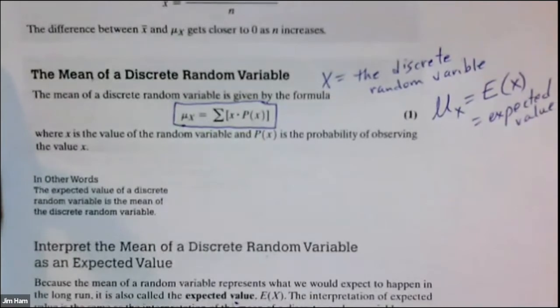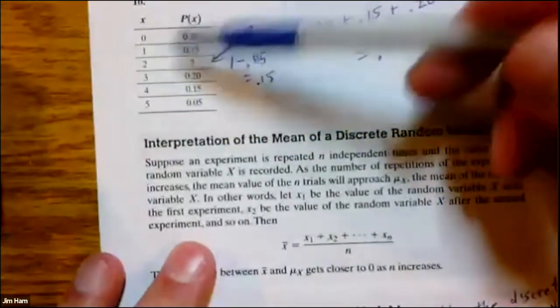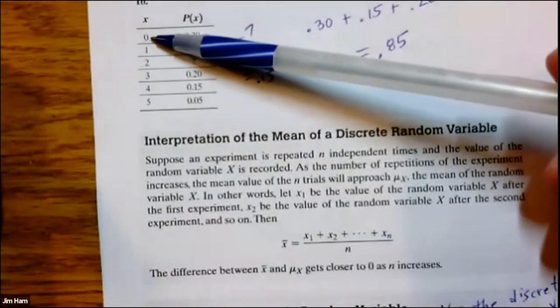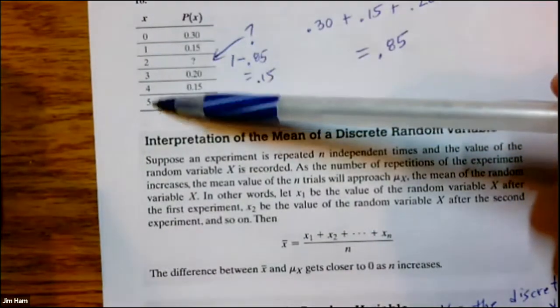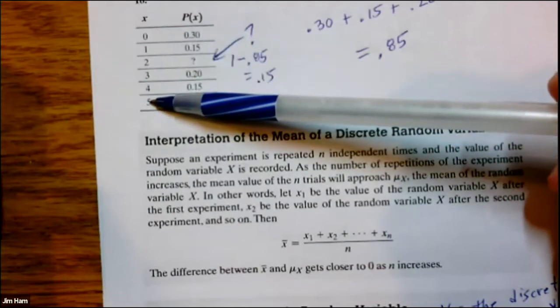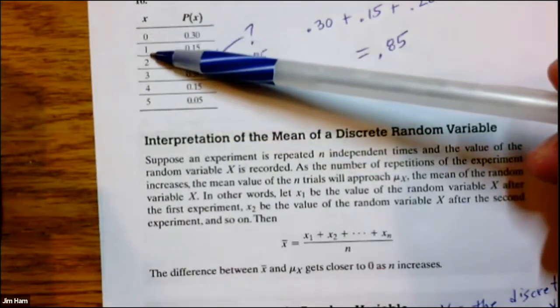If you had a probability distribution that looked like this, it could be a dice example with the numbers 0 through 5 on it. It could be a spinner where you're spinning and you're landing on a 0, 1, 2, 3.